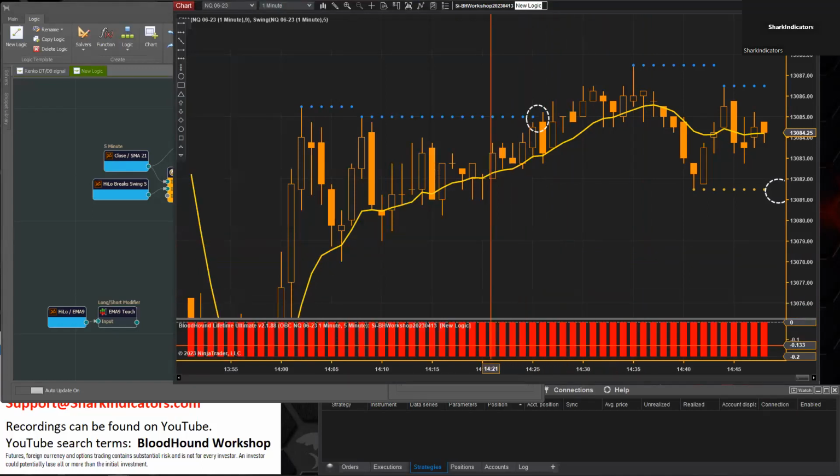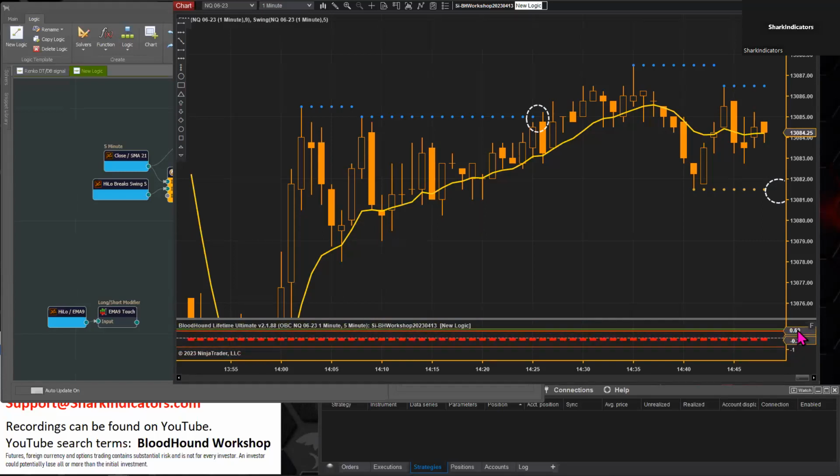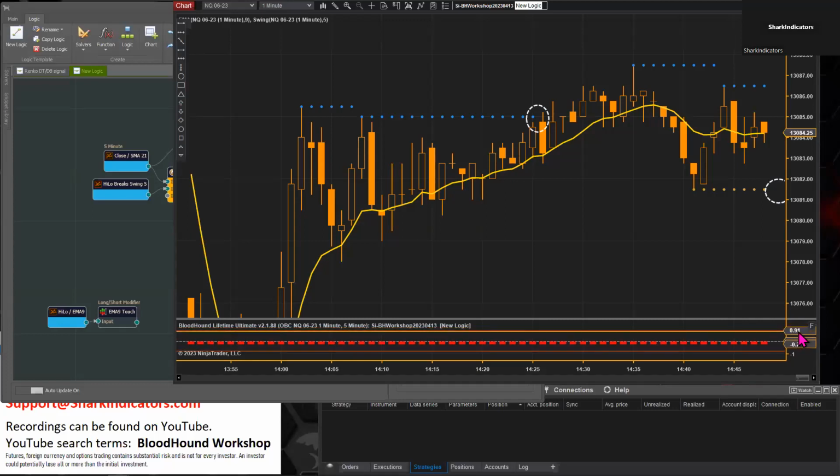Right. So we see this short output, but if you notice, there's no racing stripes, right? Because if you look at the output, it's only negative 0.2. So that's not actually a signal. So if I scale everything down, there we go. So I'm going to keep the scaling fixed here, right?